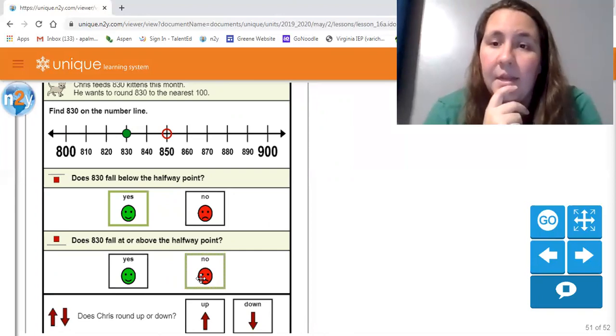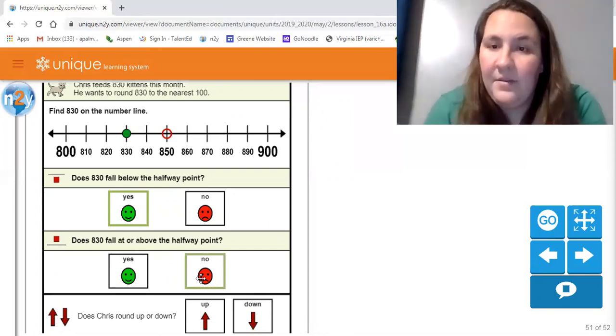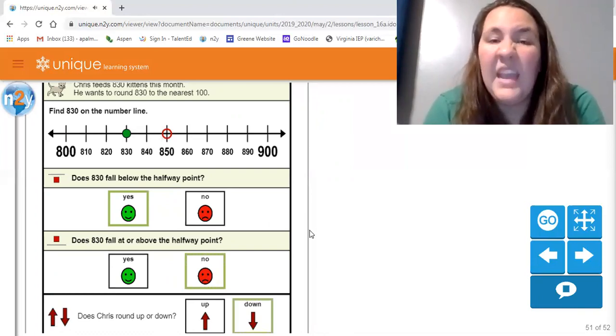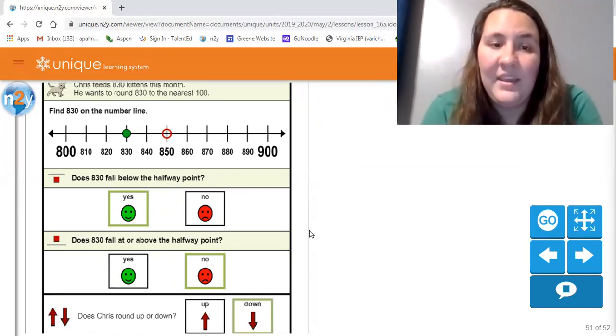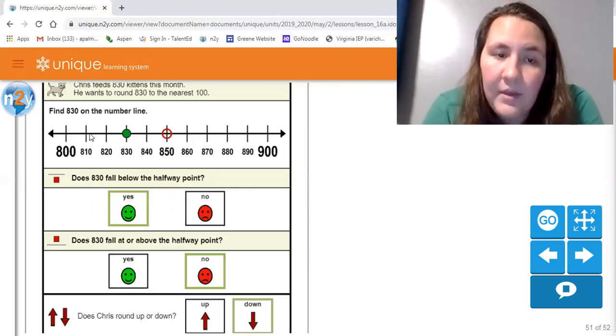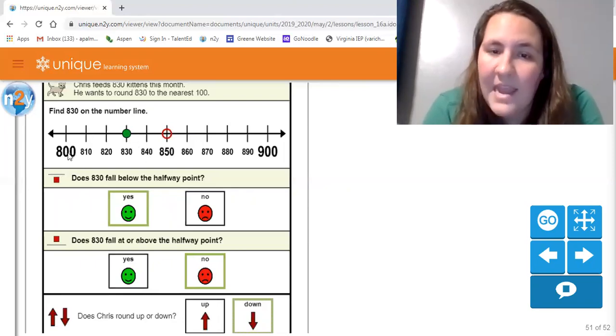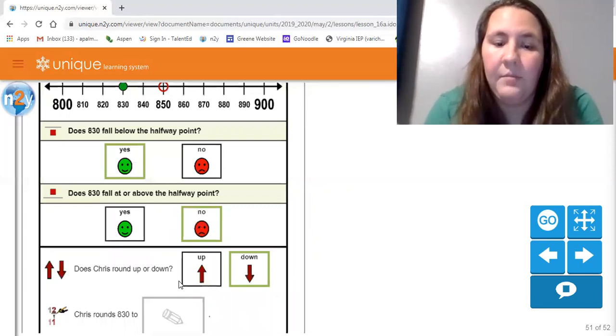Which way am I rounding? Beautiful job. I'm rounding down because it comes before my middle dot. Good job. And with your finger, can you touch the 100 that I'm rounding down to? Yeah, I need to go all the way back till I get to the 100, and there it is, 800. Great job.